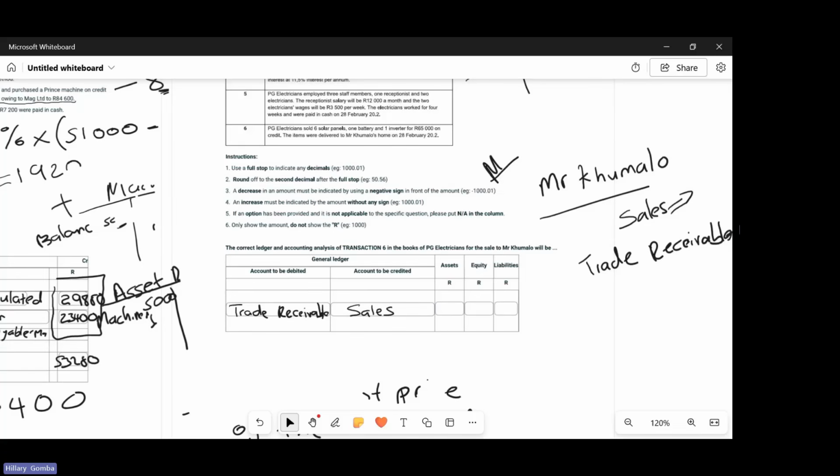Your sales. What's happening to assets? Remember, we had 0 trade receivables. When Mr. Kumalo bought these goods, our trade receivables is now 65,000, which means what happened to trade receivables? It increased, right?